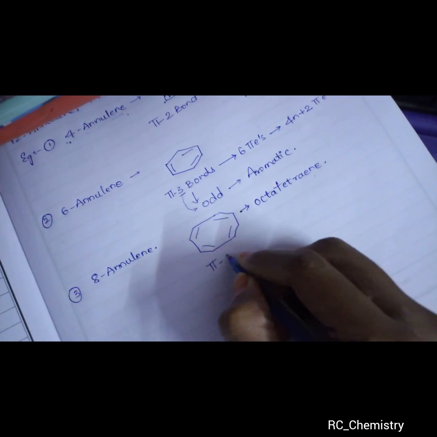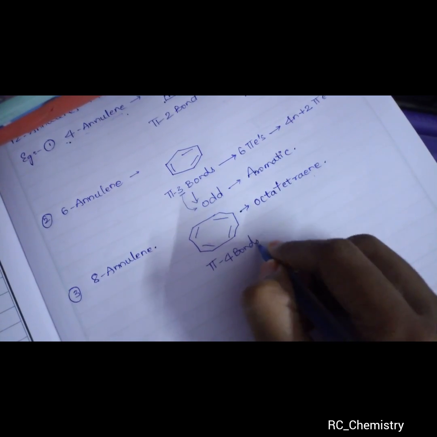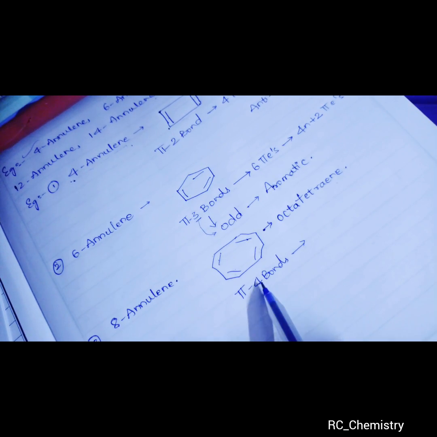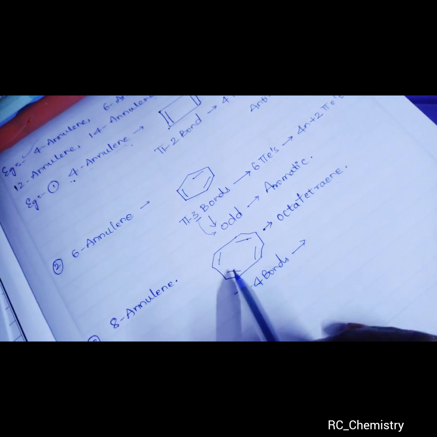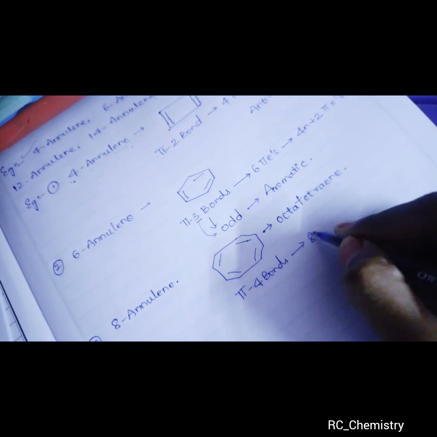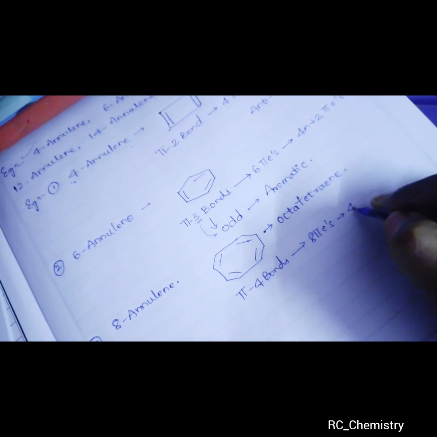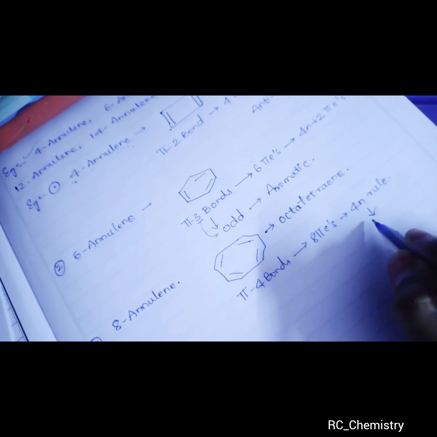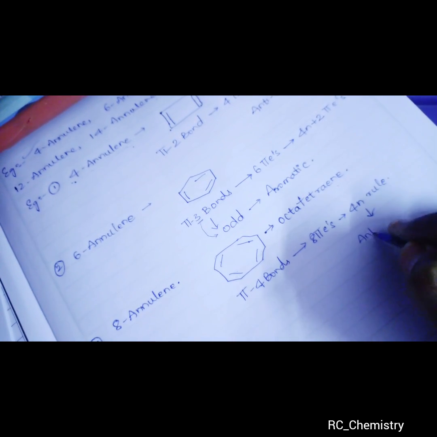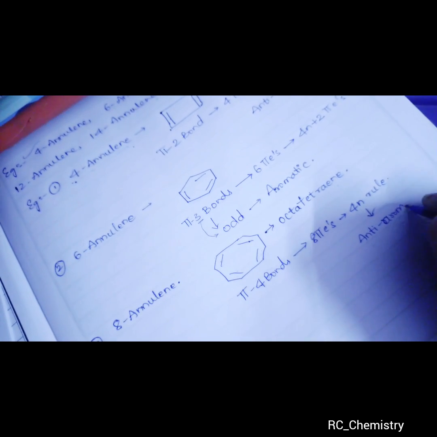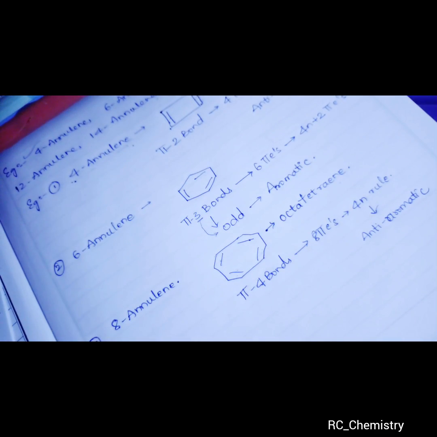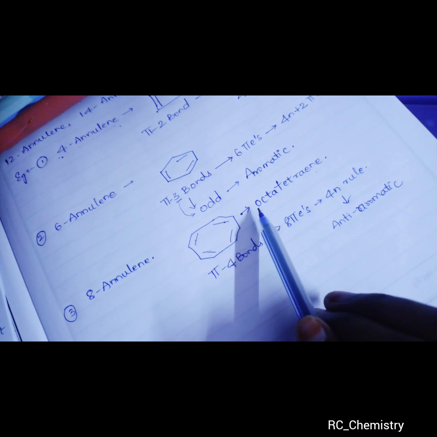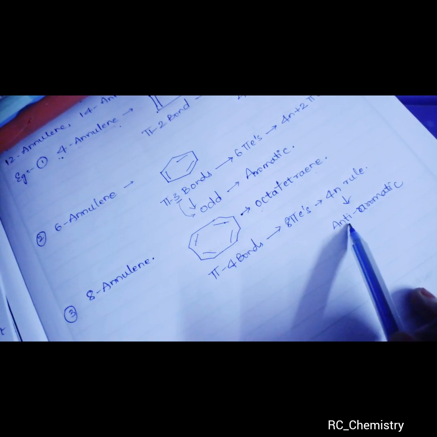The total number of pi bonds is 4, which means 8 pi electrons in total, which follows the 4n rule. According to the 4n rule, this molecule must be anti-aromatic in nature.